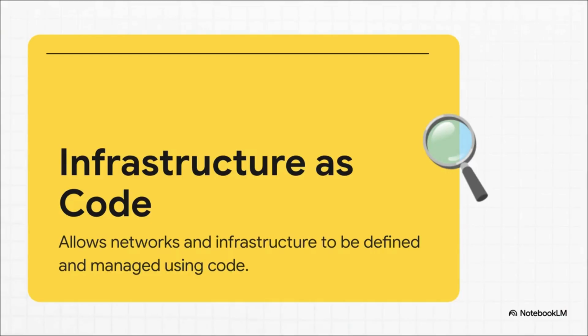So, instead of a network engineer having to manually log into every device and type a bunch of commands, which, let's be honest, is slow and a recipe for human error, Infrastructure as Code, or IaC, lets you define your entire network in code. You literally write a file that says, hey, I need 10 servers, 3 switches, and these exact firewall rules. Then you hit a button, and an automation tool builds it all for you, perfectly, every single thing.